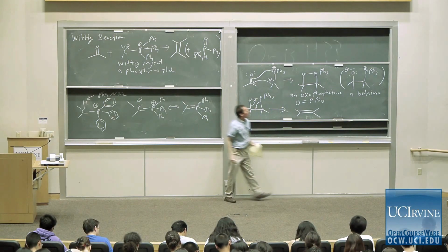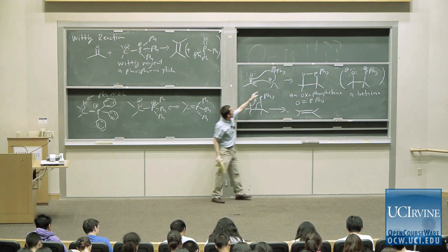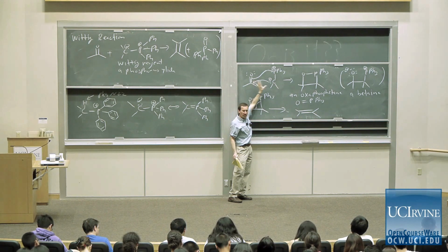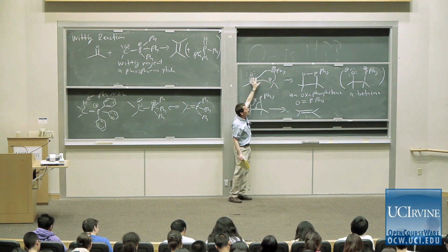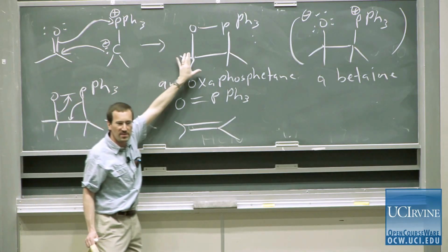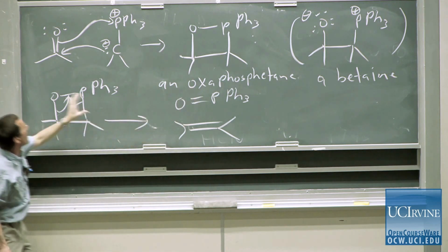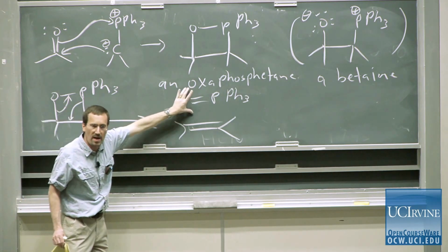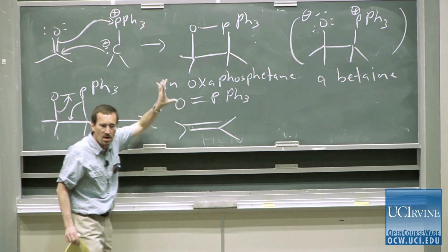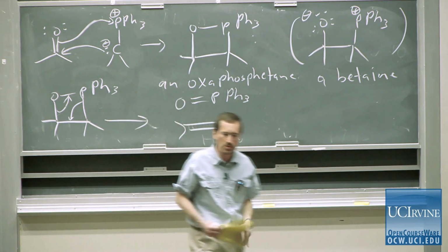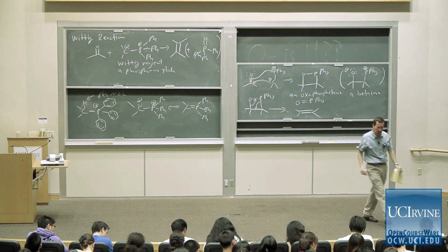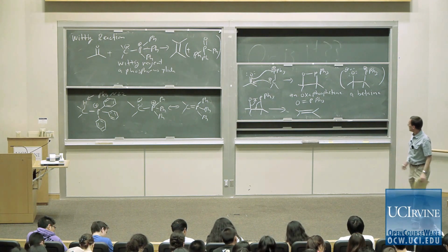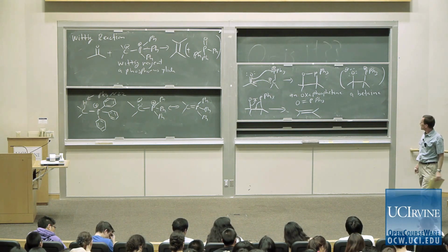Like so. And so through these two steps, addition of the phosphorus ylide to the carbonyl to form an oxaphosphetane, and then breakdown of the oxaphosphetane to the alkene and the triphenylphosphine oxide, we can go ahead and form a new carbon-carbon bond.